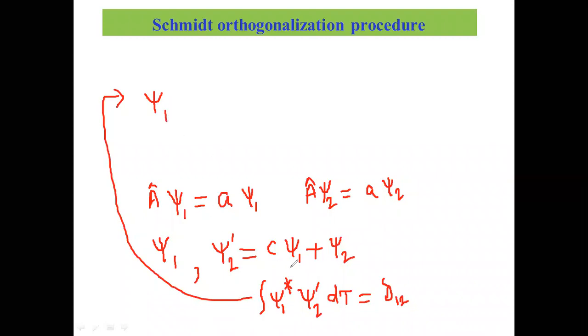So this is psi1, this one, right? And then I'm going to get this, so that is going to be C psi1 plus psi2. Of course, there is a multiplication, right? So that is what should be this value.